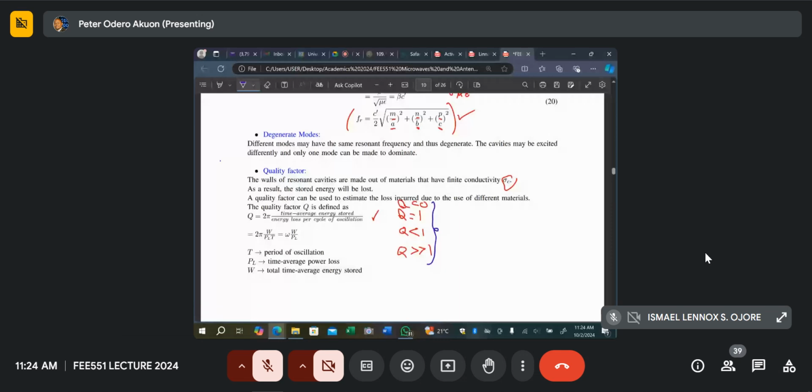What are the scenarios that can lead to that? Probably you are not exciting any signal inside that cavity, or whatever you are putting in is leaking out.